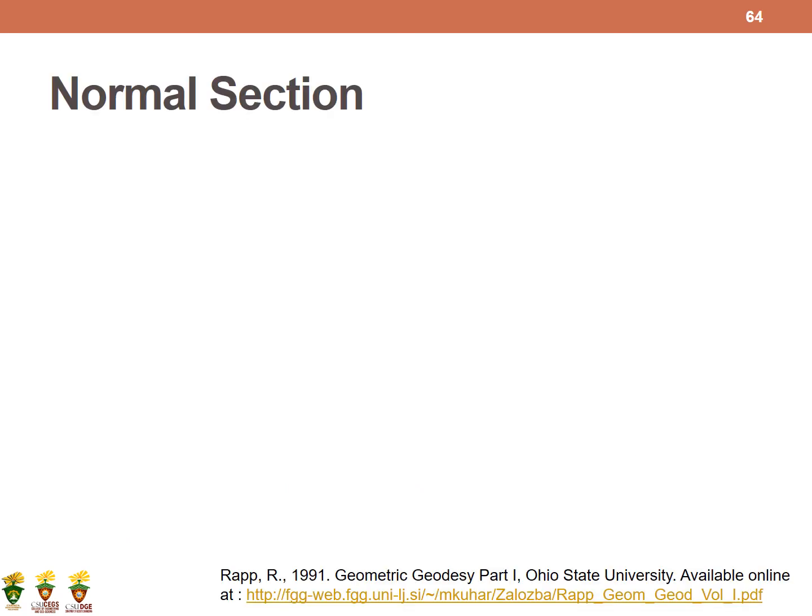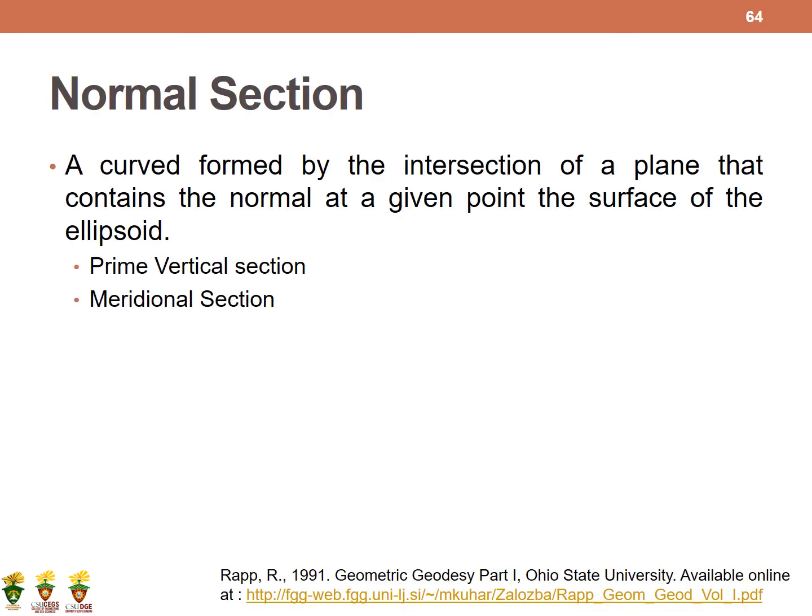Alright, so when we say normal section, it is a curve formed by the intersection of a plane that contains the normal at a given point on the surface of the ellipsoid. There are two types of normal section which we discussed a while ago: the prime vertical section and the meridional section.